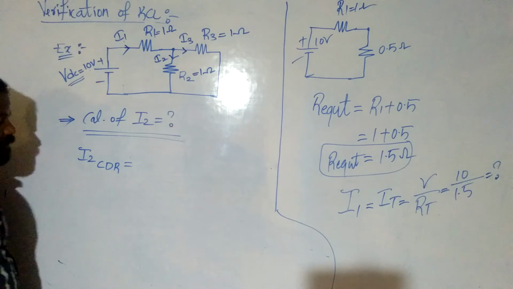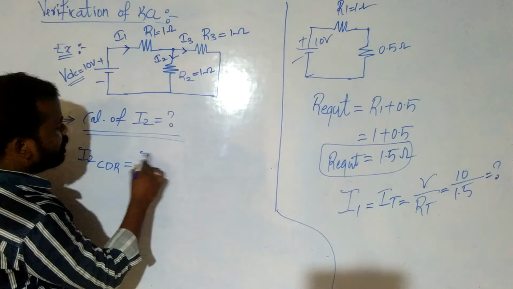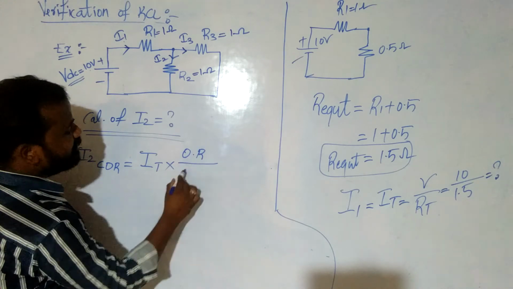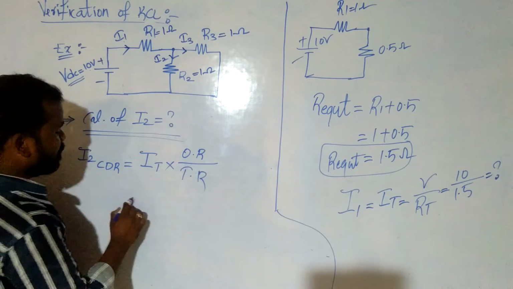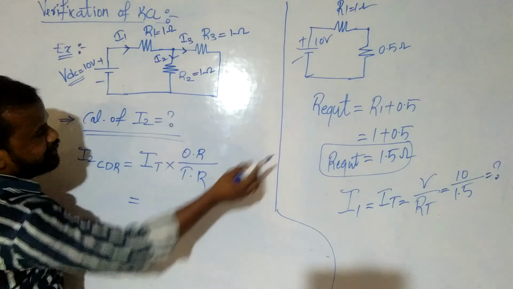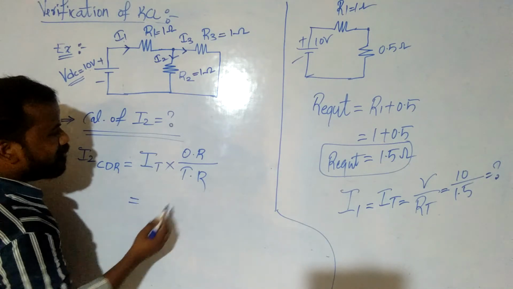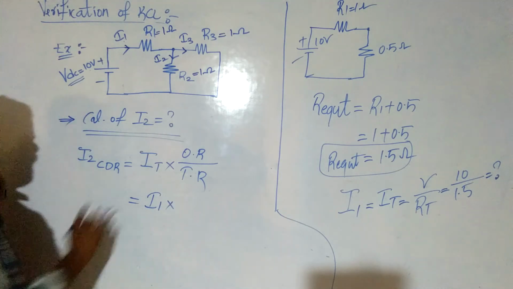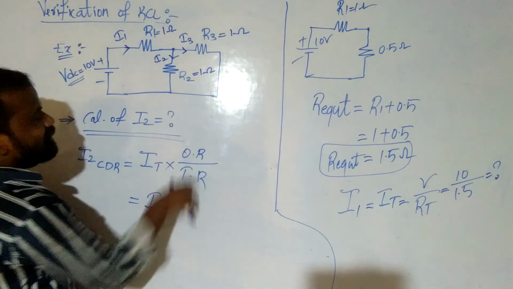So what is the formula of the current division rule? Total current into opposite resistance divided by total resistance. Clear? So by solving 10 divided by 1.5, you will get the value of I1. Just place the value of I1 here, into the opposite resistance.